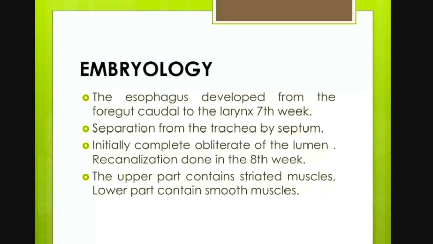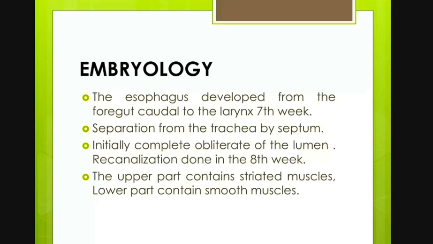The esophagus develops from the foregut, starting gradually from the larynx at 7 weeks of gestational age, and there is a start of separation between the trachea and the foregut. Initially the esophagus is obliterated, but it opens at 8 weeks of gestational age.